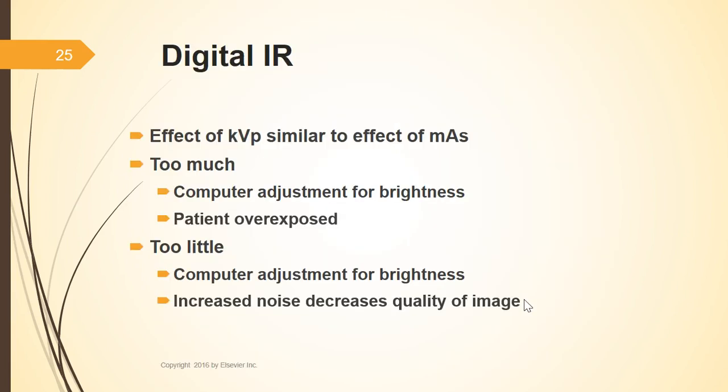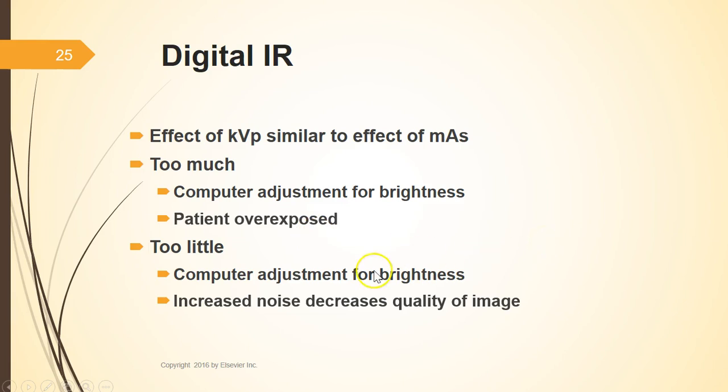Because kVp affects the amount of radiation reaching the IR, the effect on digital is similar to the effect of mAs. Similar. If there's too much radiation reaching the IR, then you get a digital image with the appropriate level of brightness as a result of computer adjustment. However, your patient has been overexposed.